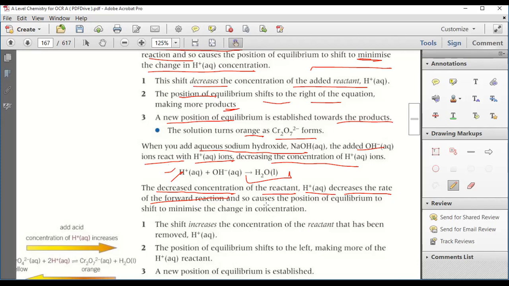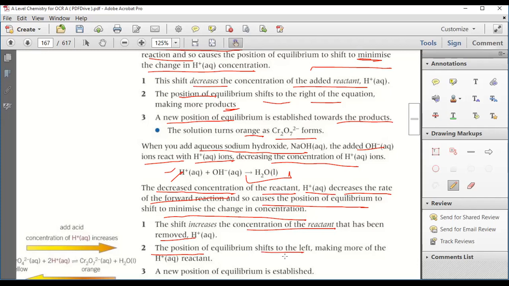So the position of equilibrium will shift to minimize the change in concentration. The shift increases the concentration of the reactant that has been removed, H+ ion.